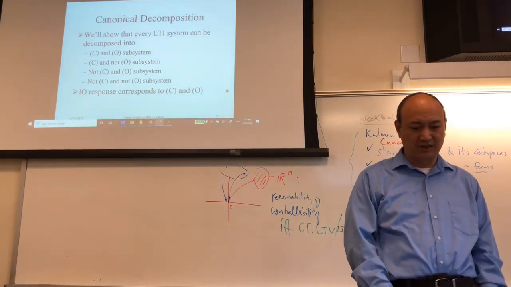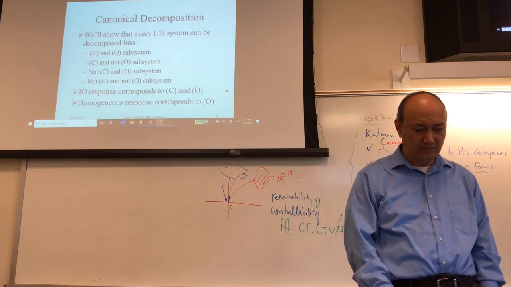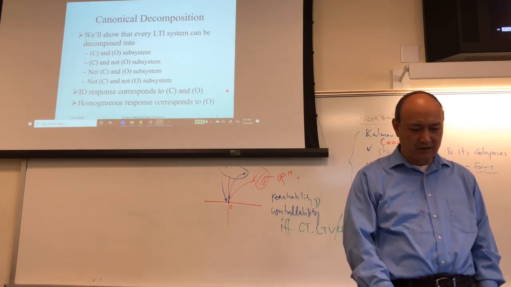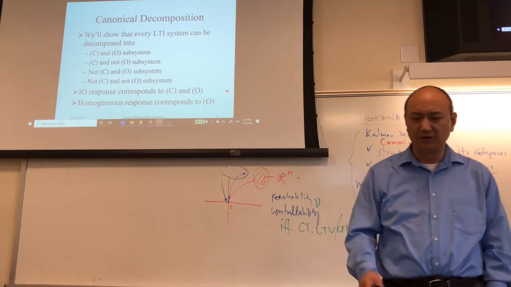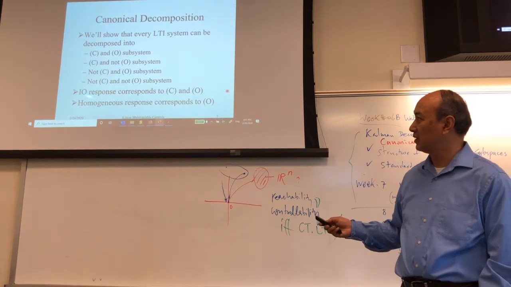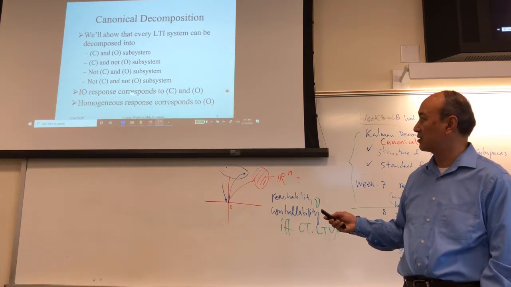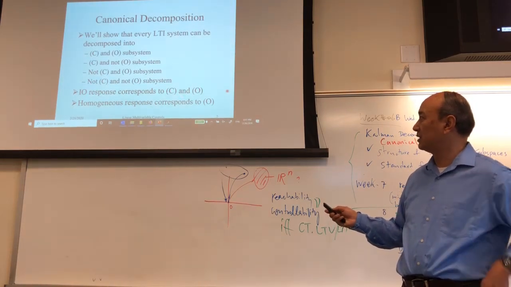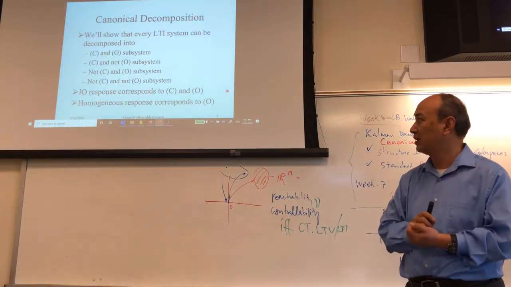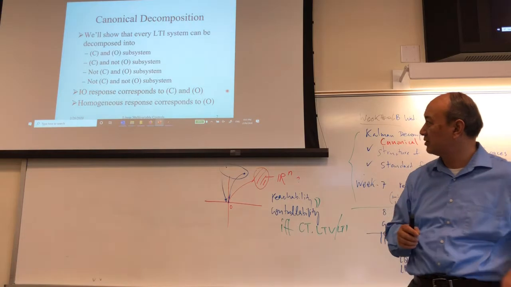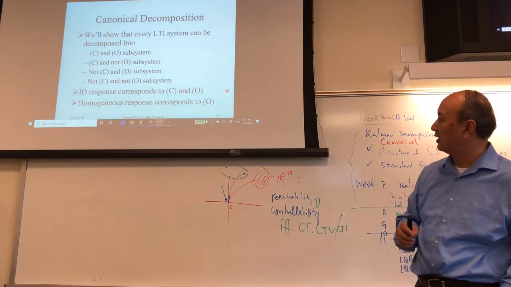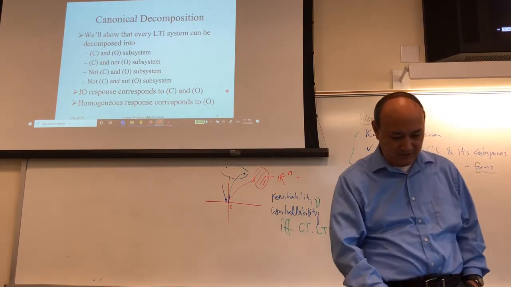If you look only at the input and output, the response corresponds to controllability and observability both. The homogeneous response corresponds to observability.